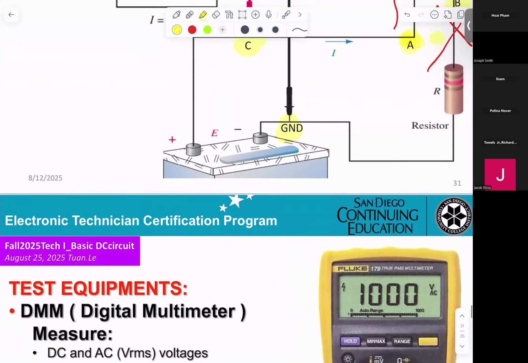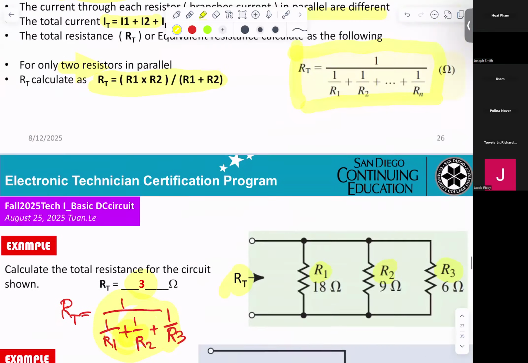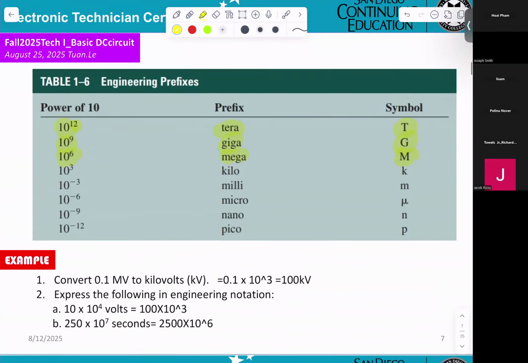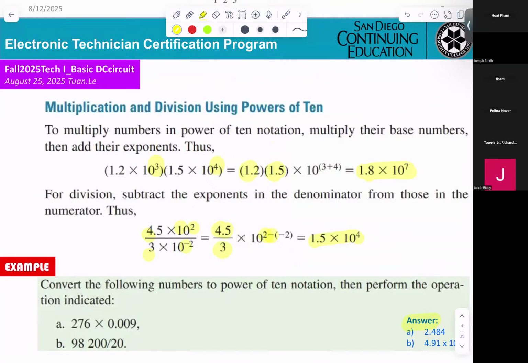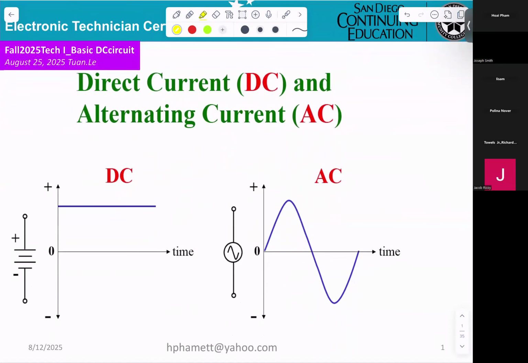Okay, basically, this is completely for basic DC. Okay, now I try to show you something else.